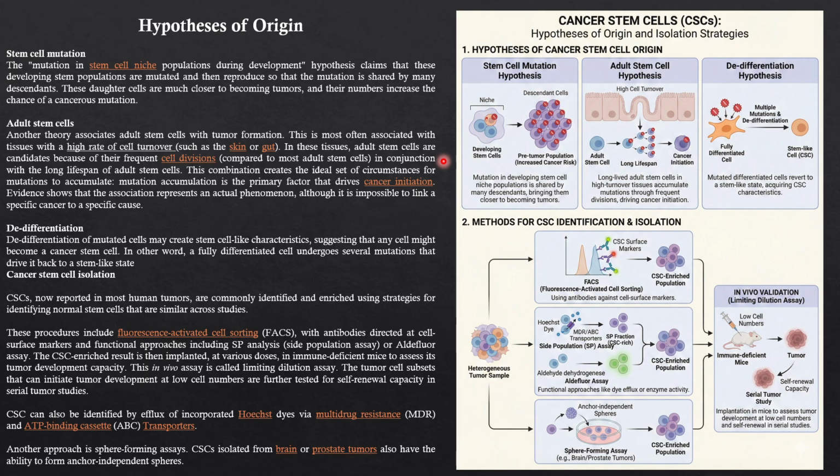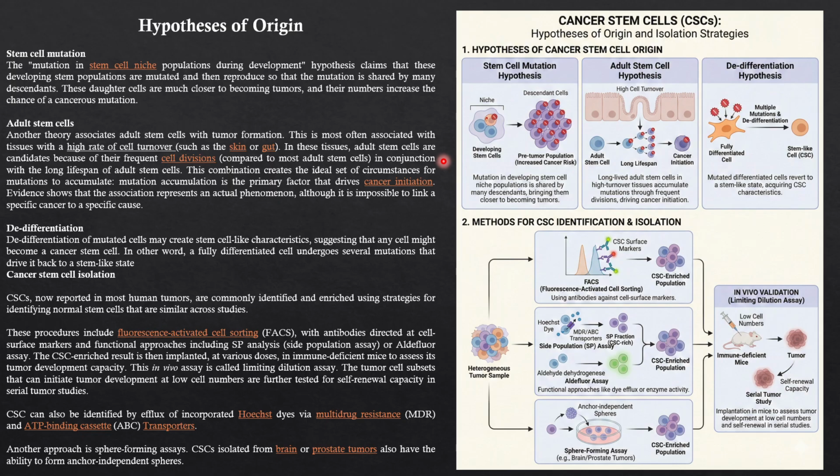So, the hypotheses of the origin and the isolation strategies of the cancer stem cells. The major hypotheses explaining the origin of the CSCs are stem cell mutation, adult stem cell transformation, and de-differentiation of mature cells. In the stem cell mutation hypothesis, the mutations in the normal stem cells are inherited by progeny, increasing the cancer risk.